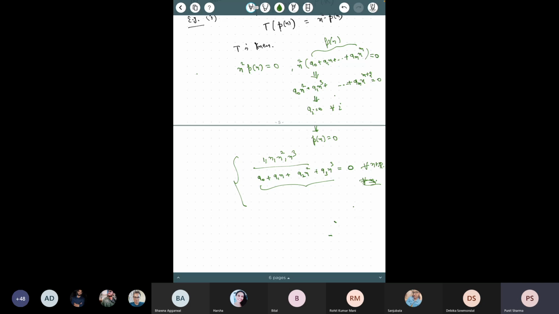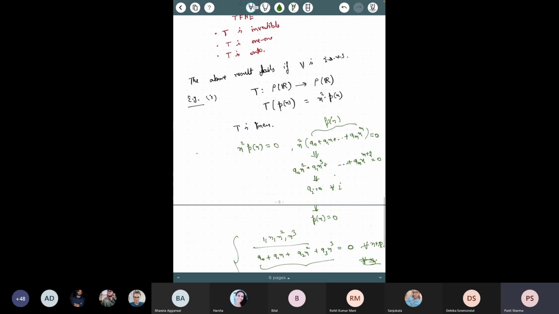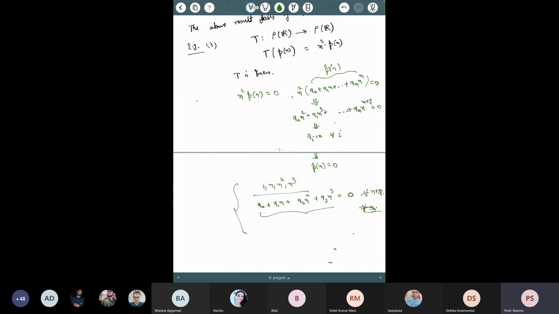It has a root, and if it is of degree n, every polynomial of degree n has exactly n roots. If p is a non-constant polynomial over C, then it will have a root. But using this, you can also show that every polynomial over C of degree n has exactly n roots. So if I consider P over C instead of R, then you can also use this argument by the fundamental theorem of algebra.